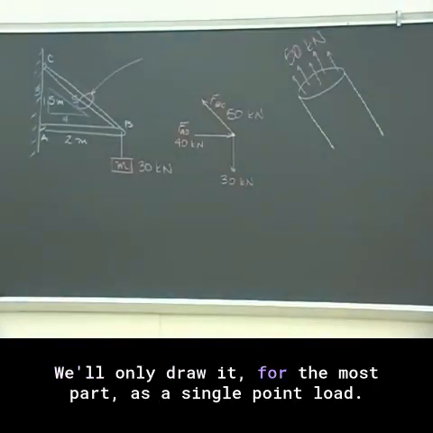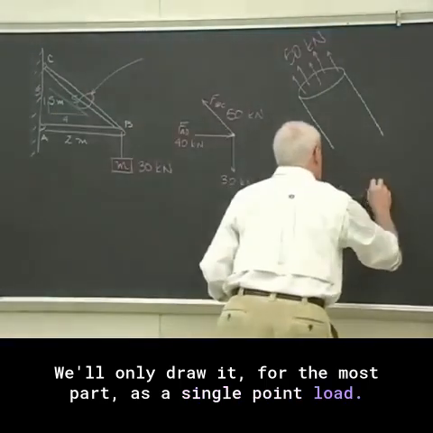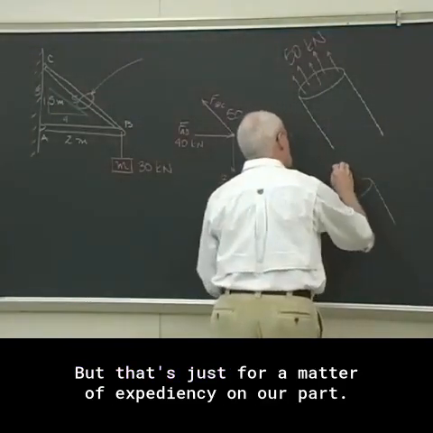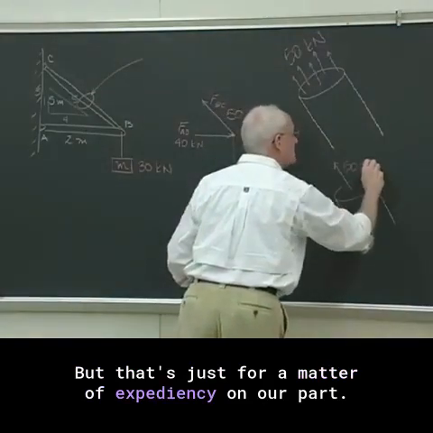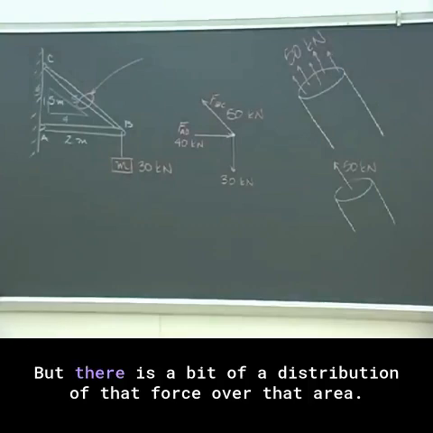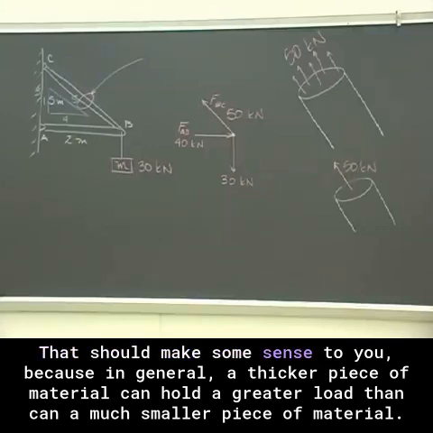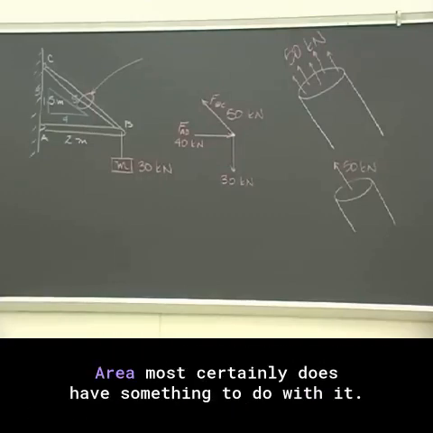We'll only draw it for the most part as a single point load, but that's just a matter of expediency on our part. But there is a bit of a distribution of that force over that area. That should make some sense to you, because in general, a thicker piece of material can hold a greater load than a much smaller piece of material. Area most certainly does have something to do with it.